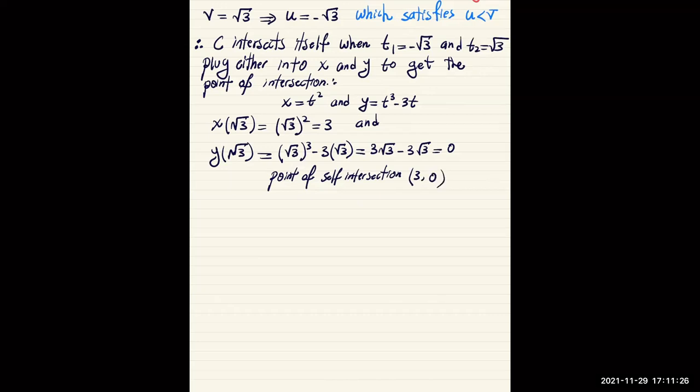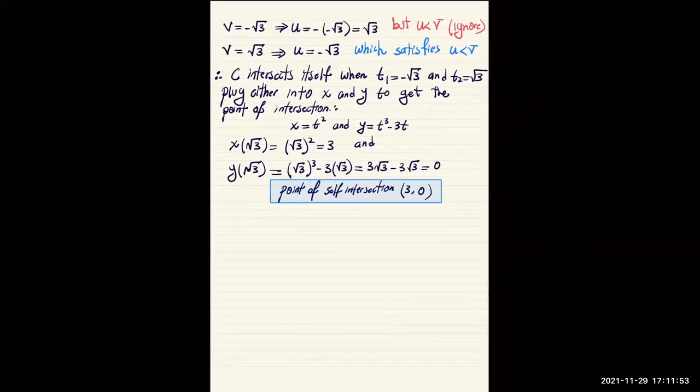If you don't believe me, if I put negative root 3 here, that gives me 3 still. And if you put negative root 3 here, that would be negative root 3 cubed plus 3 root 3, which is still 0. Yes, you still get (3, 0) because that's what we determined.